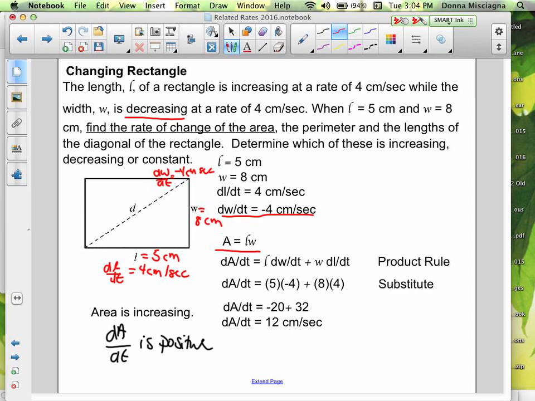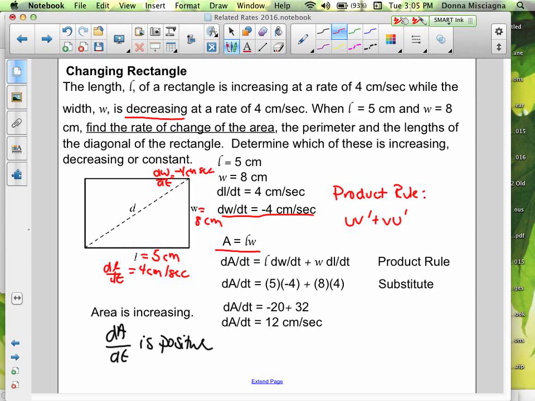The derivative of A with respect to time would be dA/dt equals, okay, so remember your product rule. It's the first times the derivative of the second plus the second times the derivative of the first. That is the product rule.